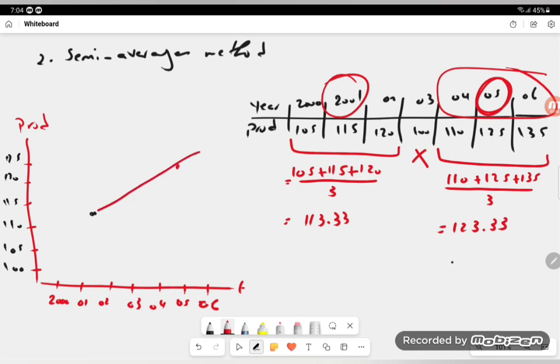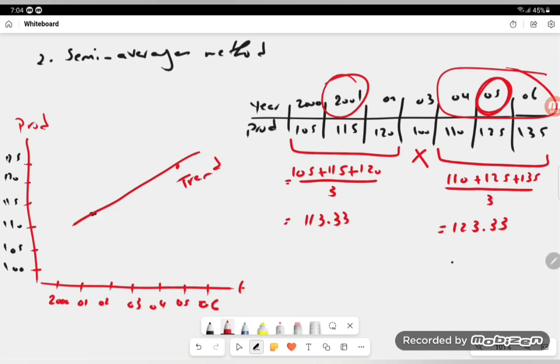Connect the 2 points together. This is the trend line. If the number of observations is an even number, 8 for example, it is divided into 4 observations and 4 observations without omitting any central observation.